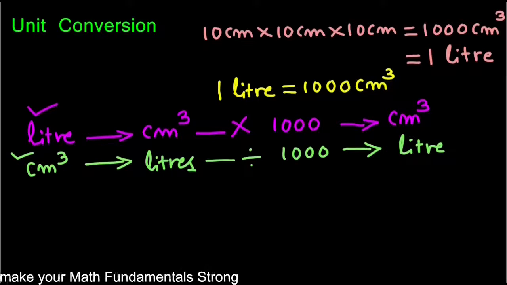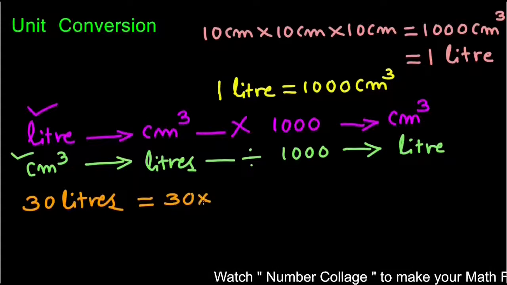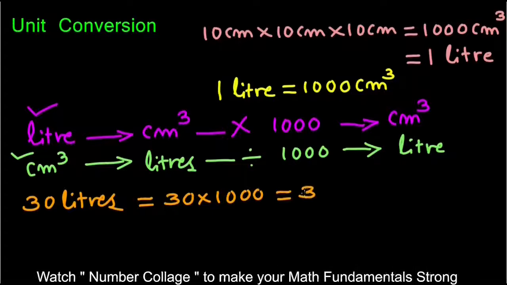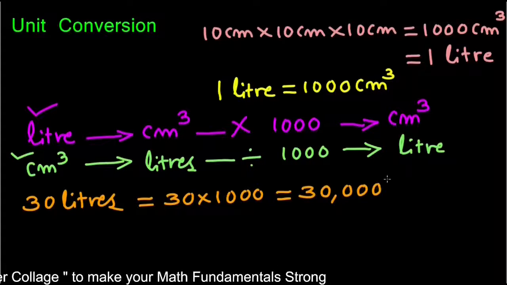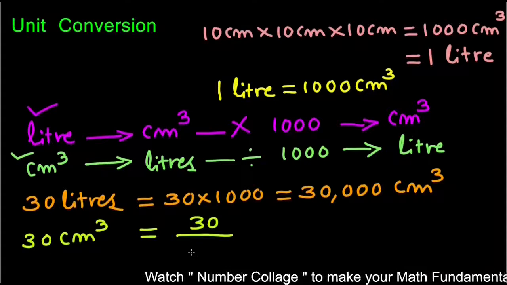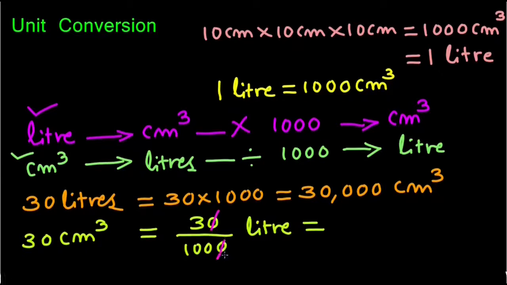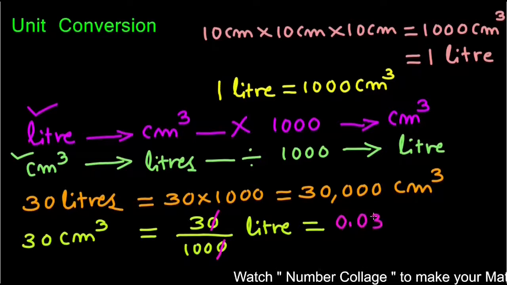For example, 30 liters will be equal to 30 multiplied by 1000, that is 30,000 cm cube, and conversely 30 cm cube will be equal to 30 upon 1000 liters. These zeros get cancelled, so that will be 0.03 liter.